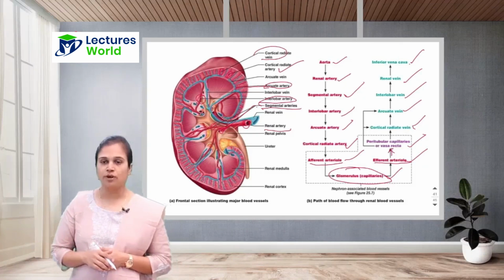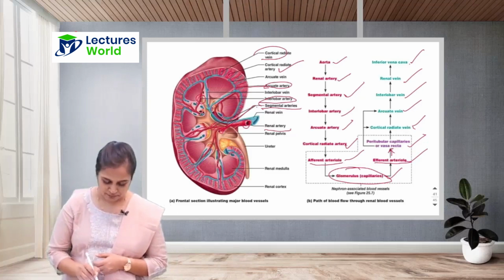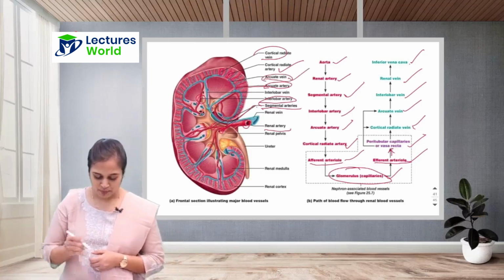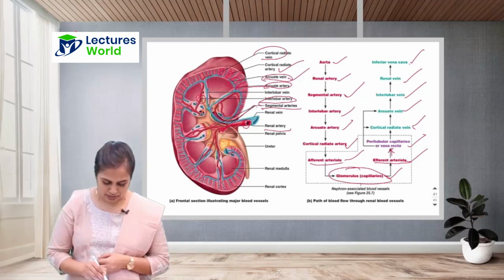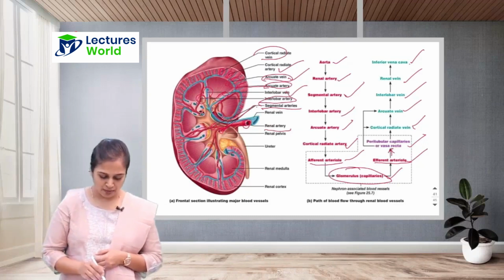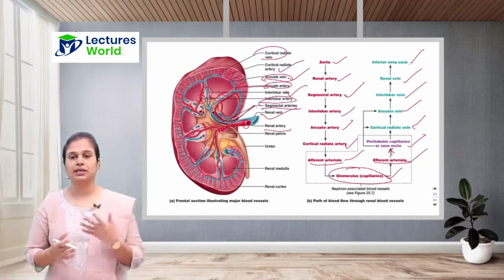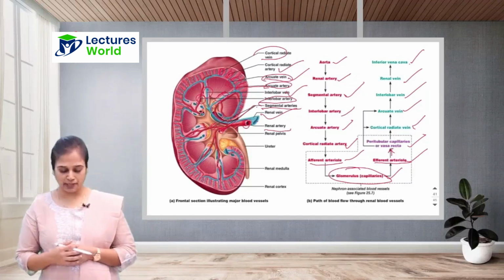From the cortical radiate vein, it comes into the arcuate vein, then into the interlobar vein, and from the interlobar vein, blood drains into the renal vein, and from the renal vein, blood goes into the inferior vena cava.